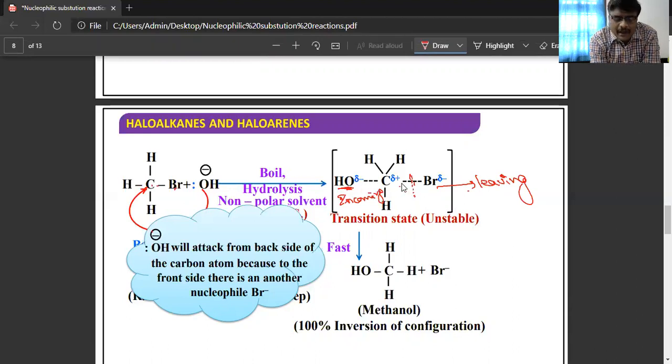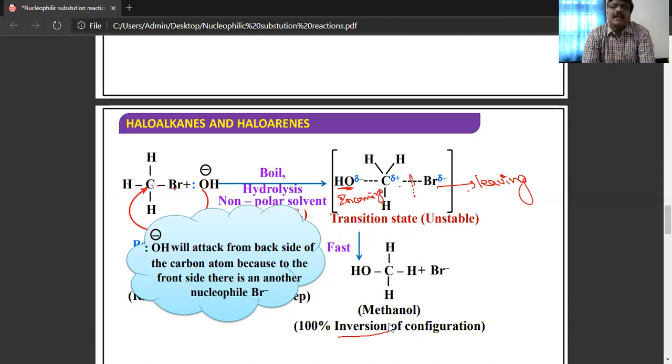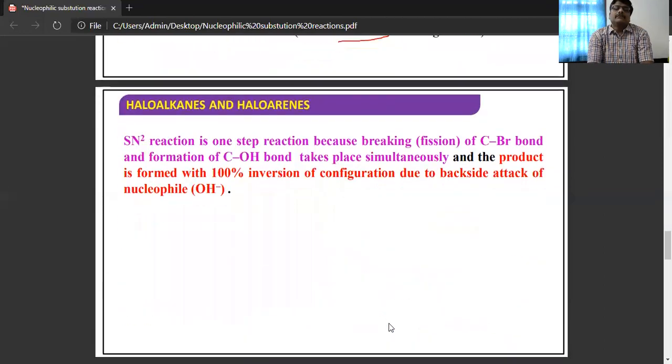After becoming weakened, the Br minus comes out in the form of a leaving group, which results in 100% inversion. We have to see that the SN2 mechanism is a one-step process. Why?